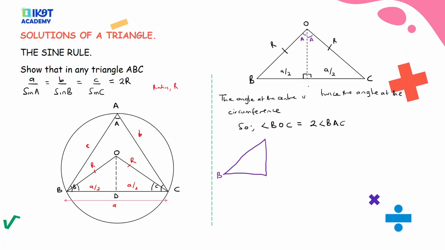Triangle BOD, where this is point D. So this is 90, this is a over 2, and this is r.